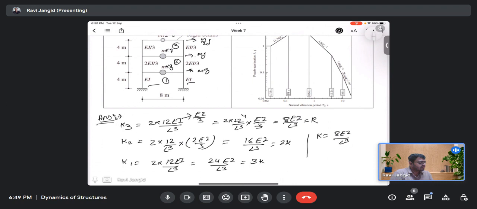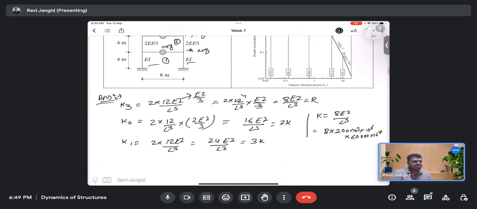So I can find k as 8 into E, which is given as MPa into 10 raised to power 6, I is 60,000 into 10 raised to power minus 8, divided by the length 4 cube. That comes out to be approximately 15 into 10 raised to power 6 Newton per meter.